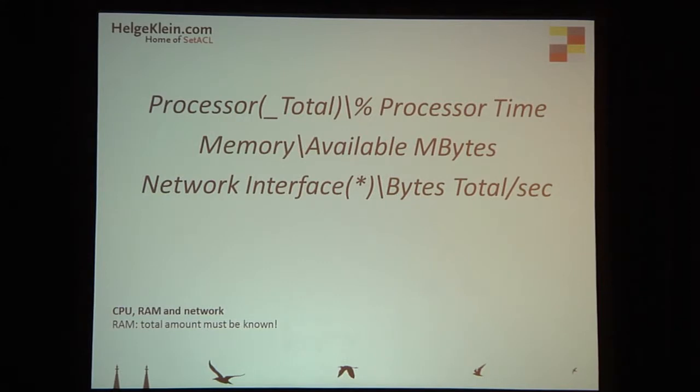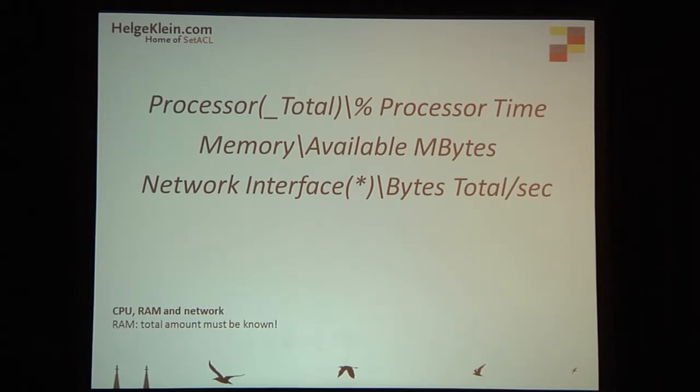For the other 3 relevant components of a system, we only need 1 counter each. That's percent processor time. That's good enough for us. With that we know pretty well what the CPUs are doing. Then we have memory available bytes. That one is a little bit tricky because I don't really want to know how much memory is available.